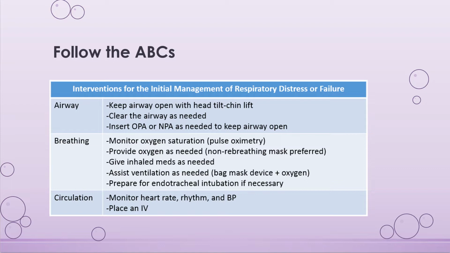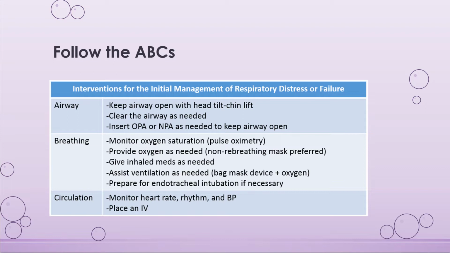If the patient has an intact airway, but they're having trouble breathing, or they're having both, we definitely want to monitor oxygen saturation, which is the pulse ox, and provide oxygen as needed. If they're in respiratory distress or failure, so if you have a patient who's really not breathing well, I can't breathe, or they don't appear to be doing a lot of great work themselves, a non-rebreather is the preferred delivery.